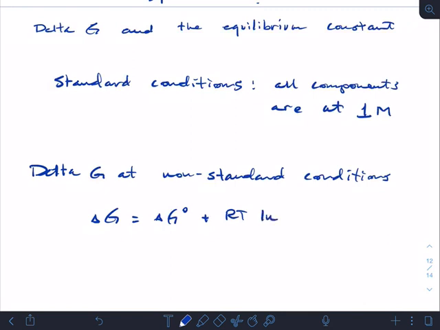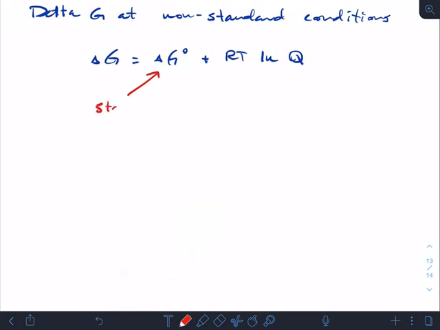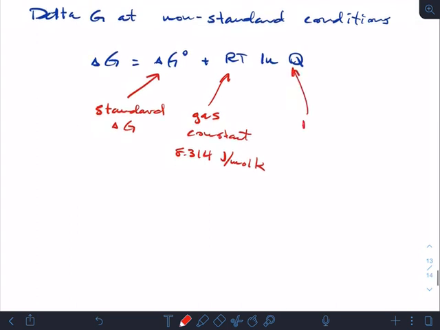Delta G equals delta G naught, or standard delta G, plus RT natural log of Q. All right? We have the standard delta G, the gas constant (8.314 joules per mole Kelvin), temperature in kelvins, and then Q is the reaction quotient.